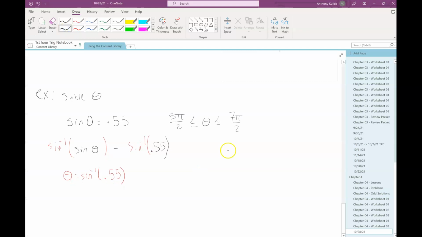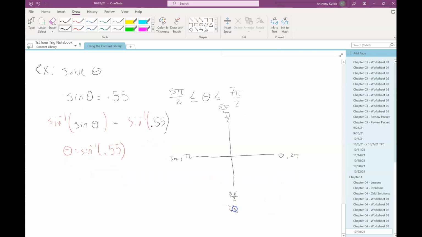Next, I'm going to go ahead and draw my xy axis and figure out where 5 pi over 2 to 7 pi over 2 is. So 0, pi over 2, pi, 3 pi over 2, 2 pi, 5 pi over 2, 3 pi, and then 7 pi over 2.